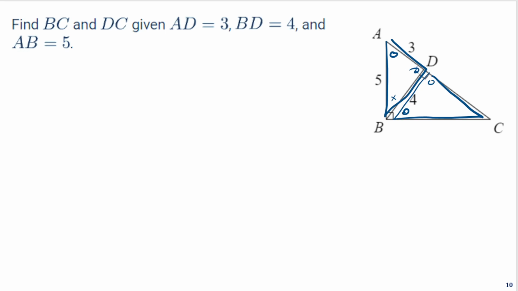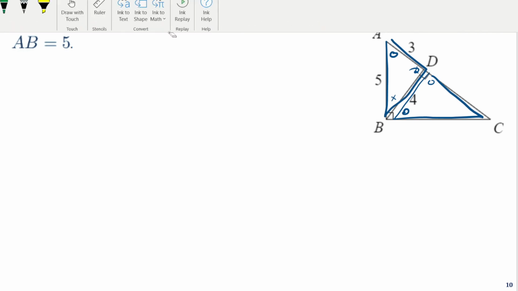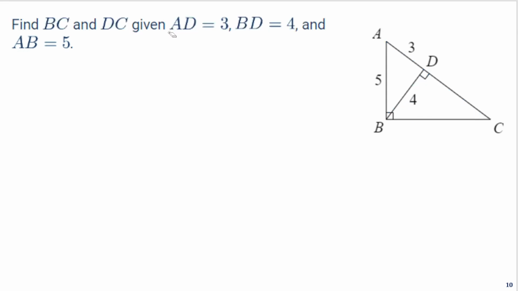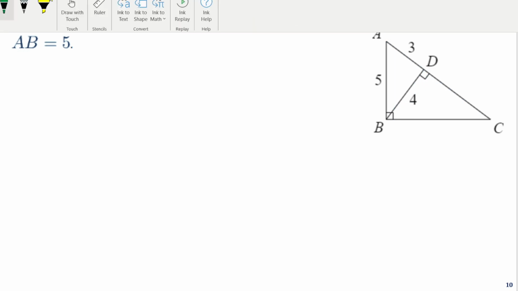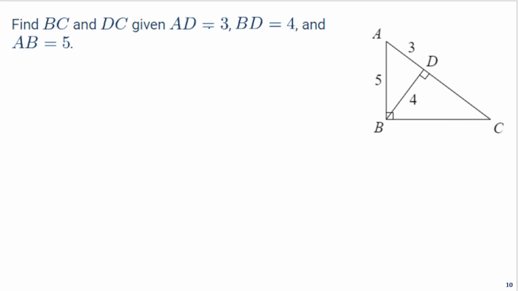So according to AA similarity, these two little triangles are similar, and they are all similar with the larger triangle ABC, right? So you could use this property to find BC and DC. So we could write it like this because angle BAD equals angle CAB, and also angle BDA equals angle CBA.